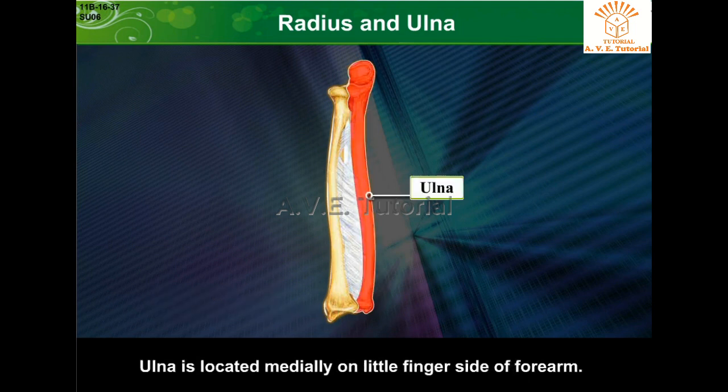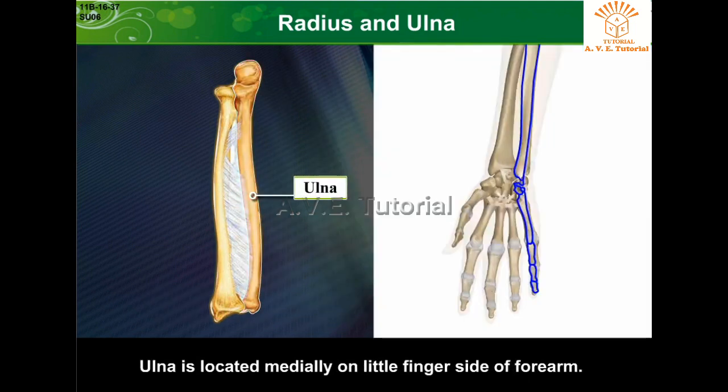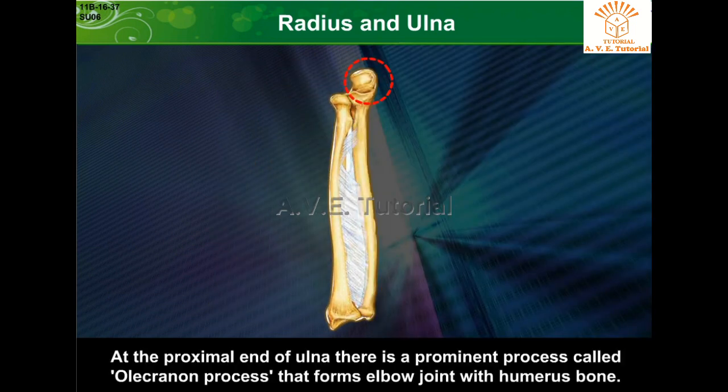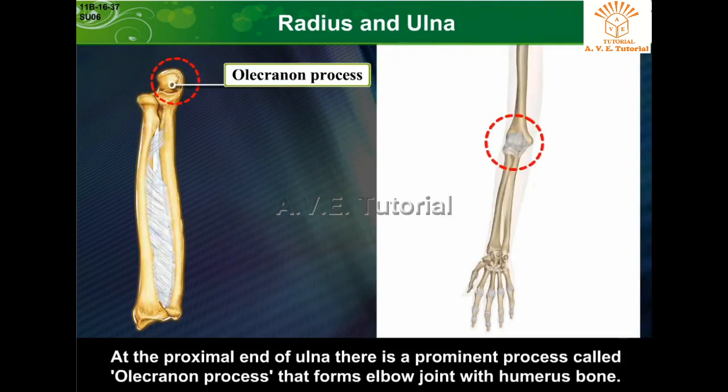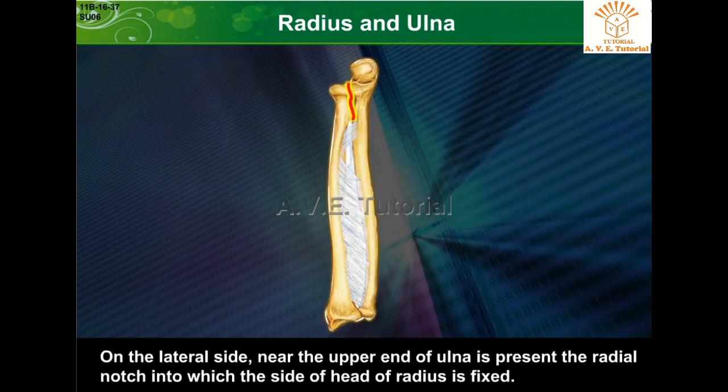Ulna is located medially on the little finger side of the forearm. At the proximal end of ulna, there is a prominent process called olecranon process that forms elbow joint with humerus bone. On the lateral side, near the upper end of ulna is present the radial notch into which the side of head of radius is fixed.